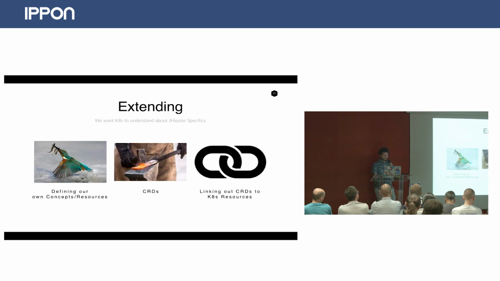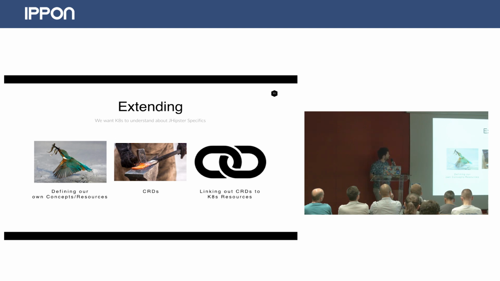That's why we need to start thinking about how we extend Kubernetes to understand JHipster-specific concepts. There are a lot of specific things in JHipster that we can teach Kubernetes about. So in order to do that, we look at our domain-specific things, and then we define these as concepts and resources. Kubernetes provides a couple of extension points that are very helpful for that.